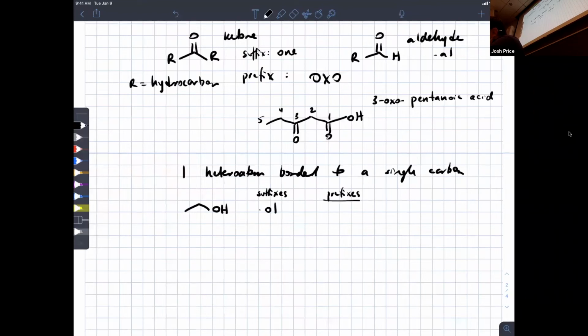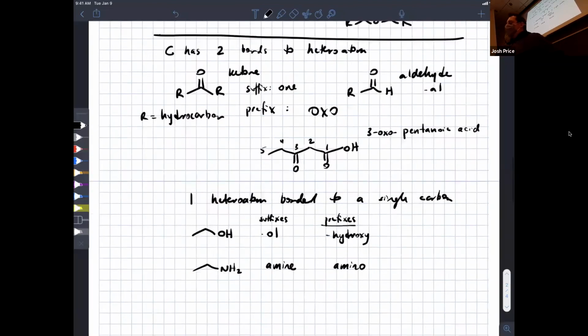The prefix is hydroxy. The suffix for the amine is amine. Prefix is amino. And there are some others, which we won't go through. But those are the three groups to sort it in.